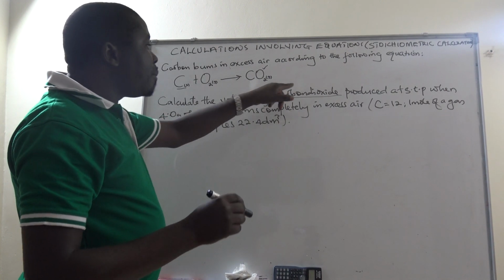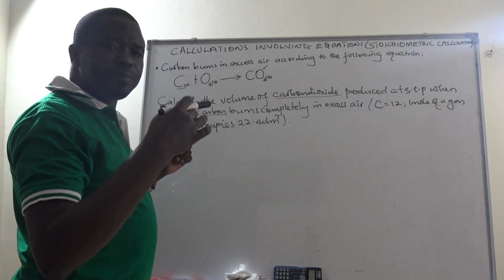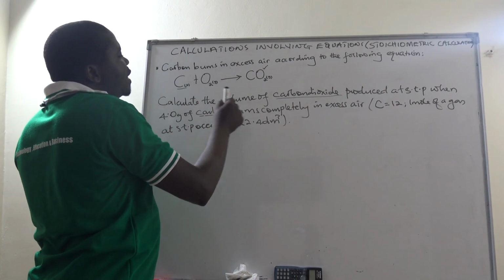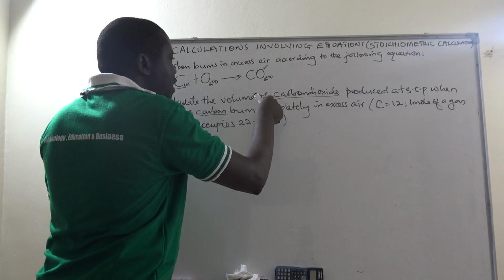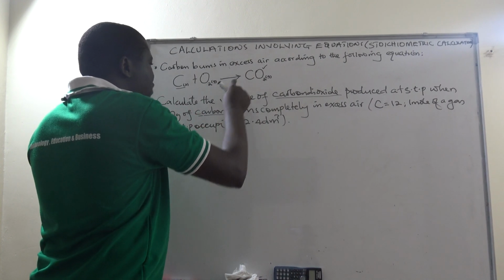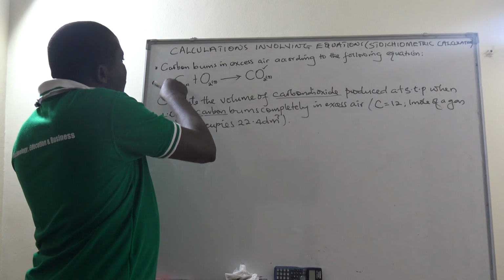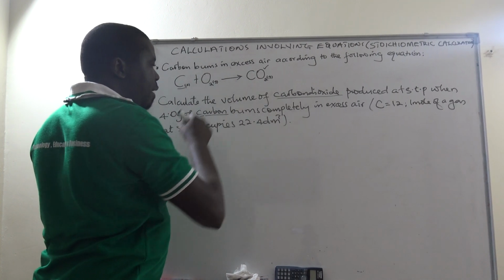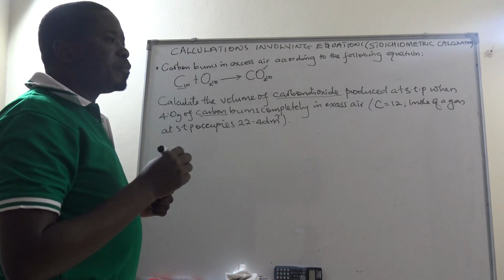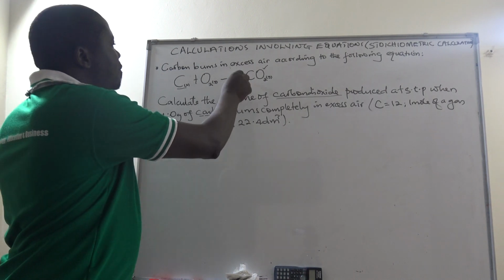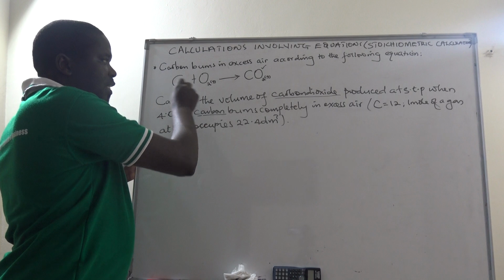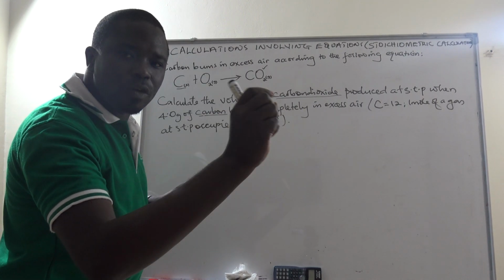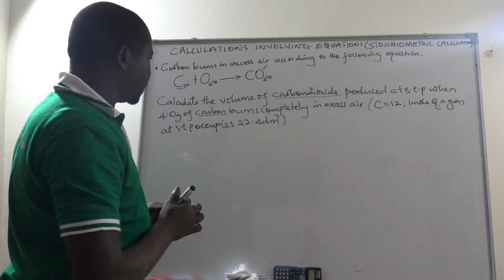Now, for the carbon dioxide and the carbon, that's the chemical species you have identified, you need to look at the number of moles of each of them. In this case, carbon dioxide, we have 1 mole produced, and carbon, 1 mole burns completely in excess oxygen to produce 1 mole of carbon dioxide. So what you are supposed to do next is look at the number of moles of each of those 2 substances and then convert it to either mass or volume as per the question.